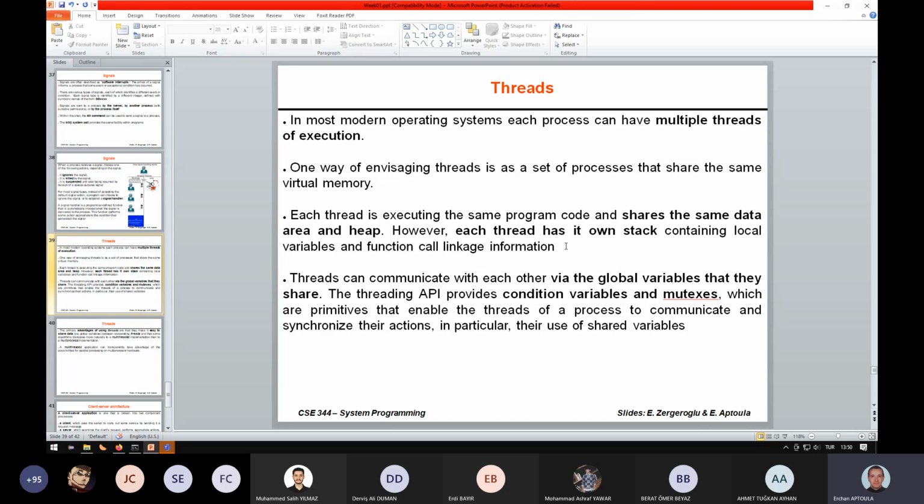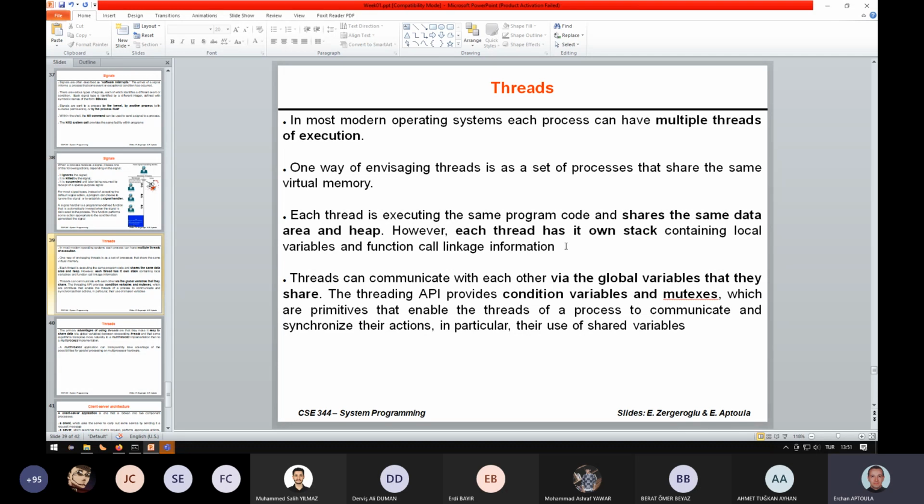But the problem with multiple processes is that it is expensive to create them. It is not very efficient, memory-wise and CPU-wise, to create multiple processes. It takes time. And if you need 10, 20, 30, 40 of them, it is a much better idea to use threads, which is another solution for having multiple flows of execution, but under the roof of a single process.